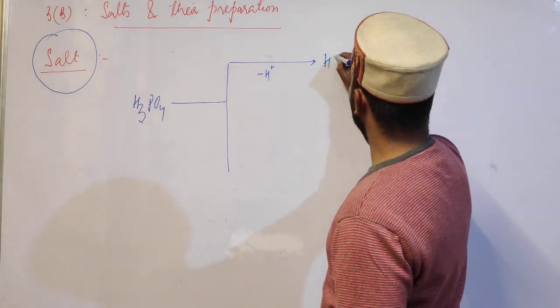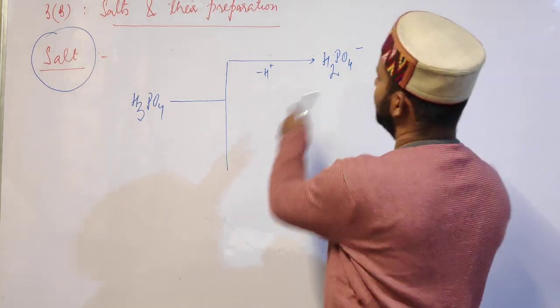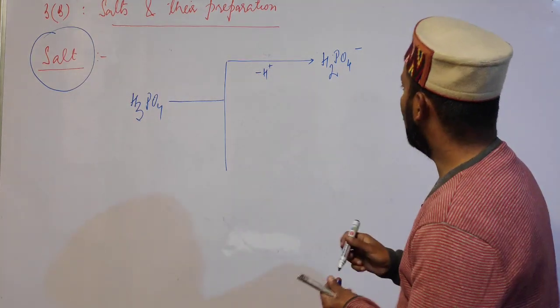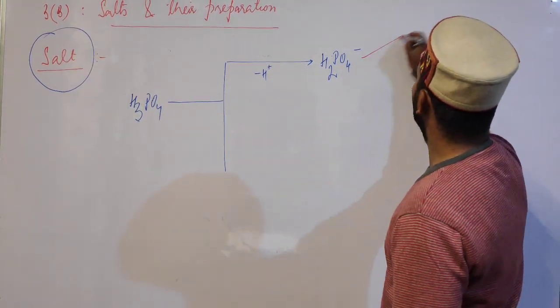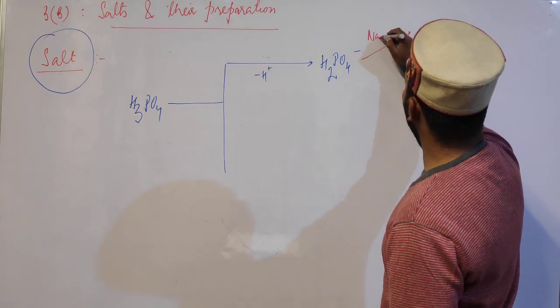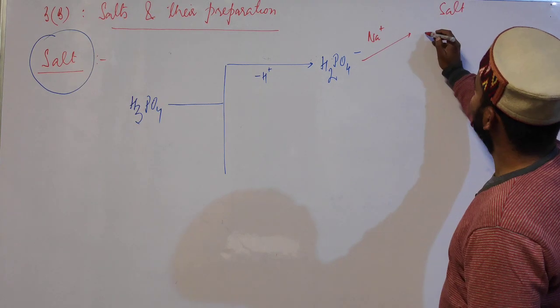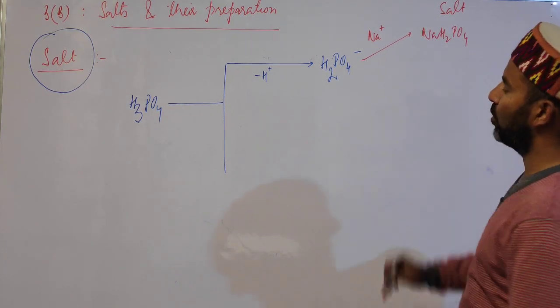Students, in that case you will have this anion. Now this can be replaced by what? Metallic ion or ammonium ion. Say if I take the metallic ion sodium, then the salt formed would be NaH2PO4. So this is a salt.